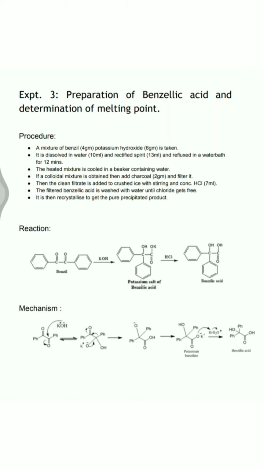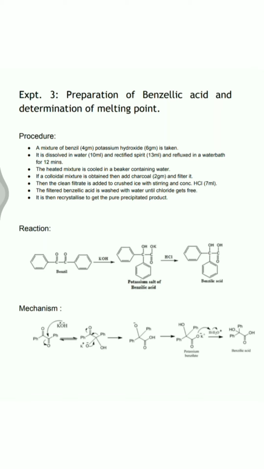Then we have to add animal charcoal, 2 gram, and filter it again. Then we will get a clean filtrate, to which we add crushed ice with constant stirring, and concentrated HCl, 7 ml.